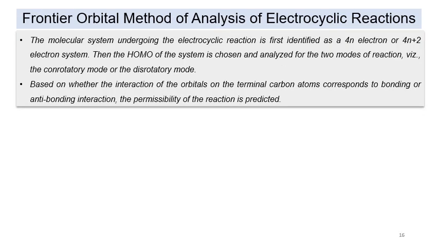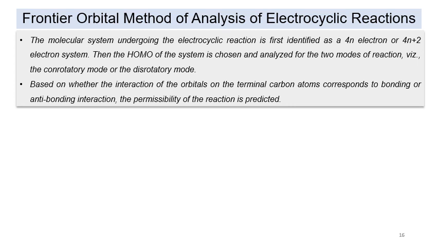Let's now analyze the electrocyclizations using the frontier orbital method of analysis. Now, for this, we have to first identify the molecular system undergoing the electrocyclic reaction. So we classify this as either a 4n electron or a 4n plus 2 electron system.